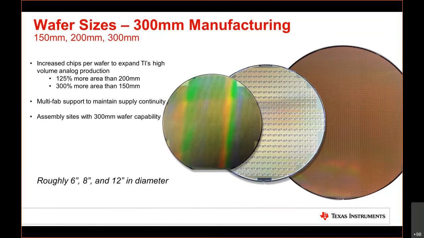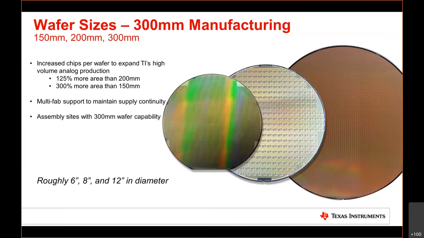This allows us in general purpose amplifiers, a product category that ships over 2 billion units a year, to increase our manufacturing throughput over tenfold by moving previous generation products from smaller wafer sizes onto the newest process technologies that are supported on 300 millimeter wafer designs.